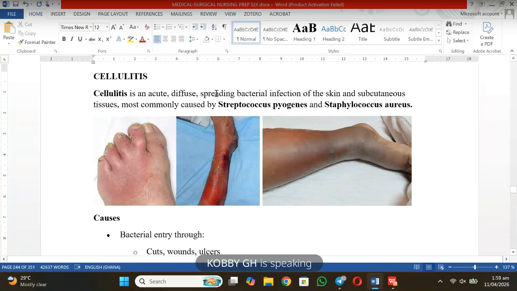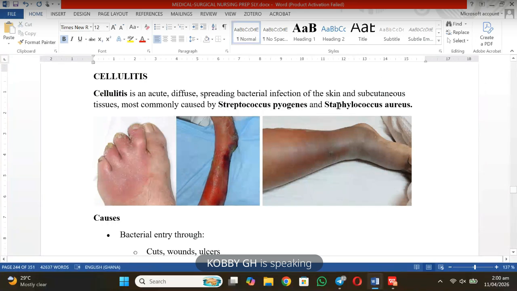Cellulitis is commonly caused by two organisms: either Streptococcus pyogenes or Staphylococcus aureus.